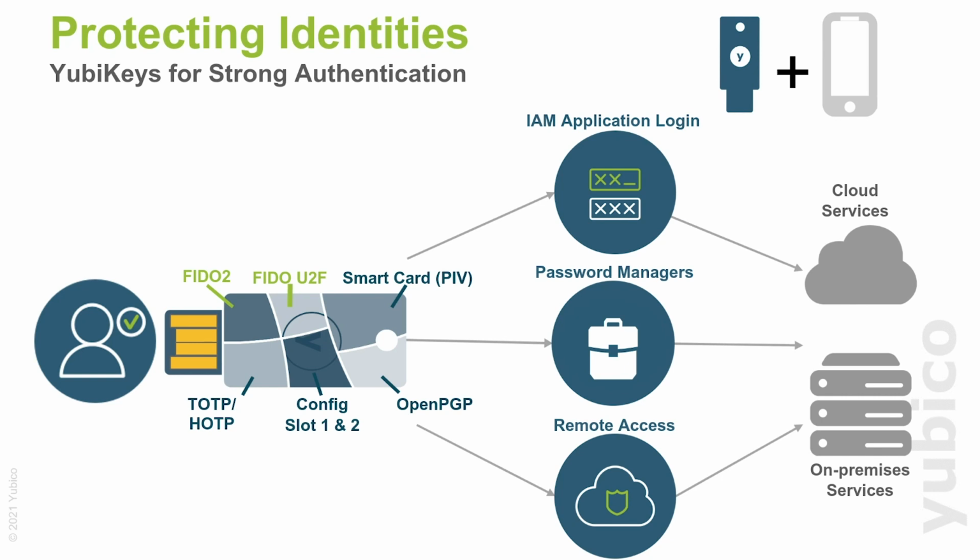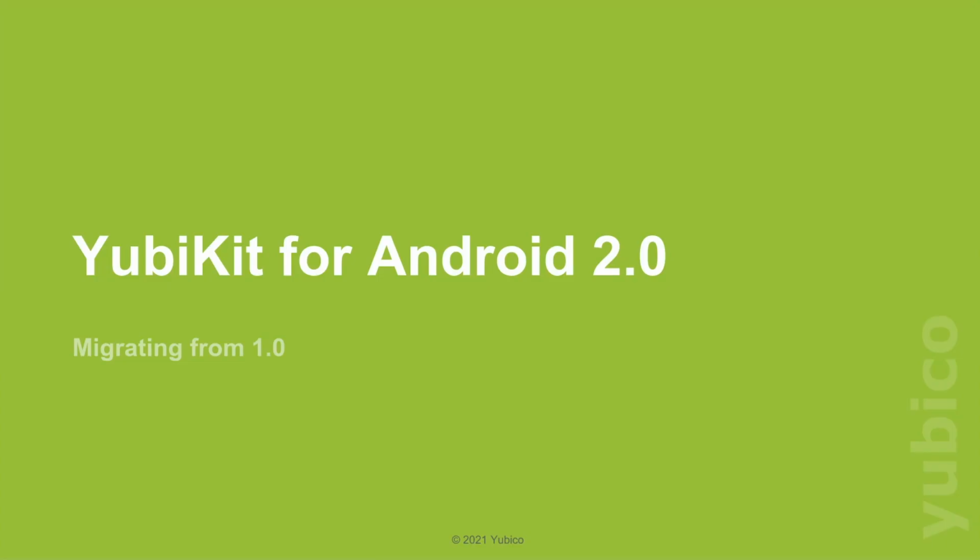YubiKeys allow these users to easily move between on-prem or cloud services, even between devices such as laptops or mobile phones, with a single key that gives them the security of a hardware-backed multi-factor authentication experience everywhere. And this is where the Yubico Mobile SDK comes in. It gives Android and iOS app developers access to the full functionality of the YubiKey. And now I'll hand it over for Dane to go over migrating to the latest version of the Android SDK.